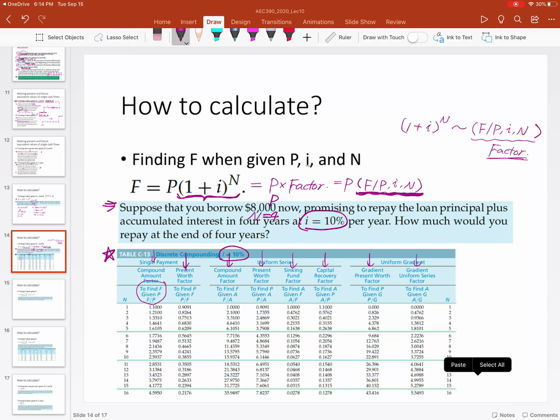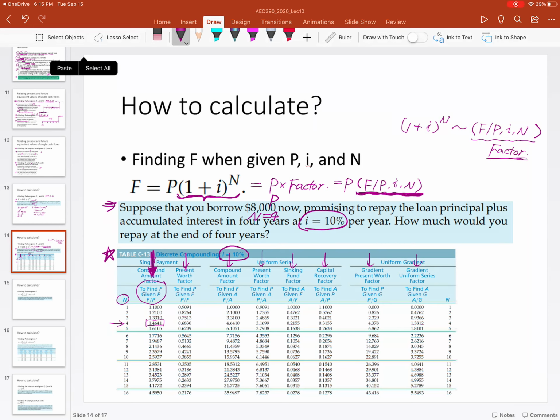We want to have F given P, I, and N, okay? So this is the column you are looking at for this problem. And then you want to find out which row to look at. The row is the number of n, okay? So here we have n equals to 4, so we need to look at this row.